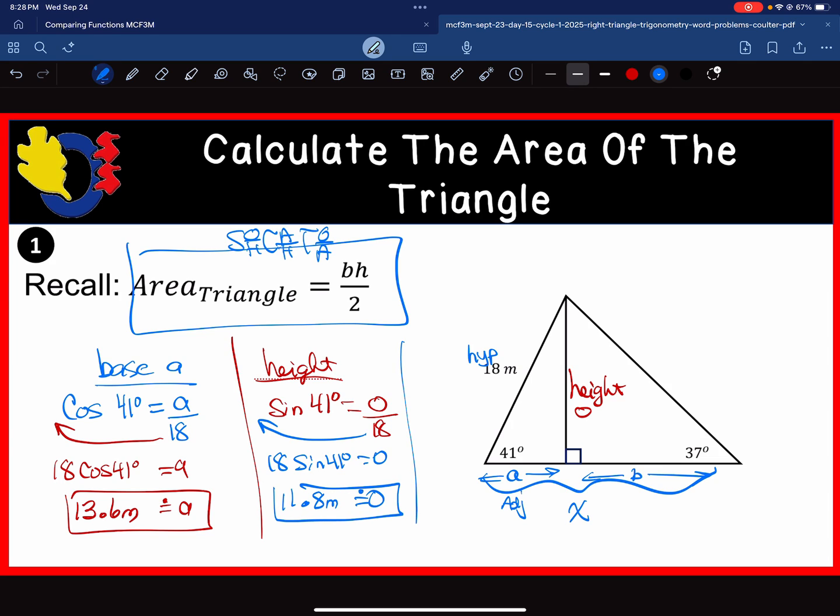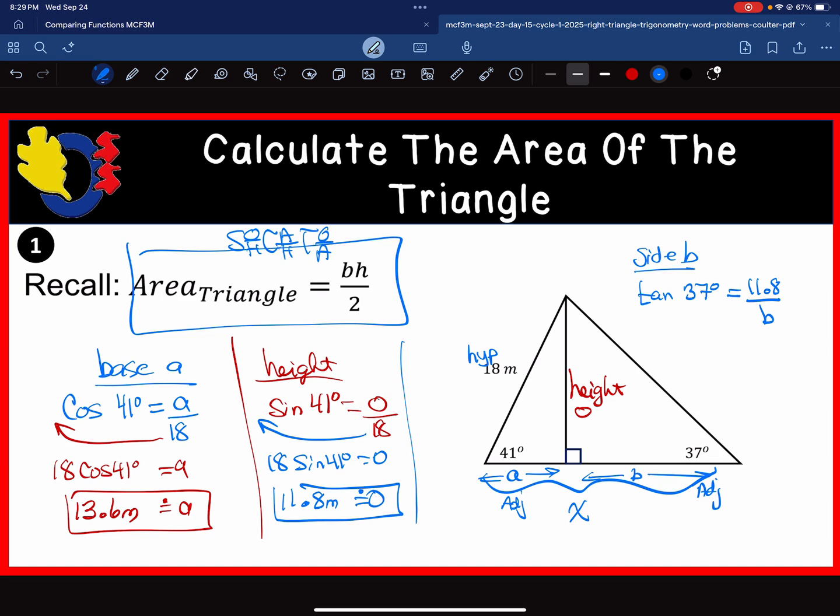Okay, so now we have enough information to work in the other triangle. So we are going to figure out B, so side B. Okay, so this time we have 37 as the marked angle, so we have an opposite and we have an adjacent. So we're going to be using tan. So tan 37 degrees equals, so the opposite we just figured out as 11.8 over adjacent, we don't know what the little b is.